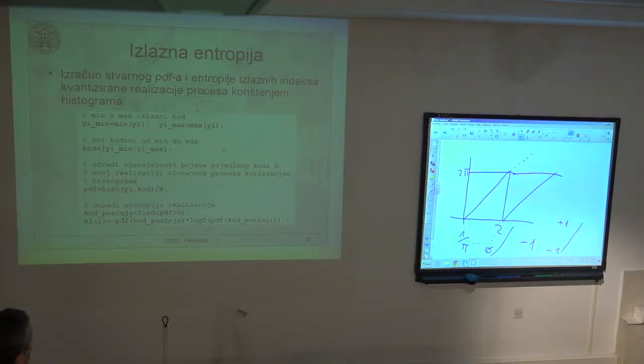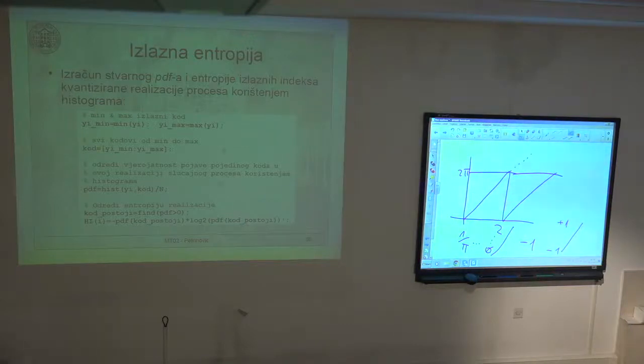But I also have to exclude those symbols that I have not observed at the output. For any reason, some of the symbols in the range from min to max might not occur at the output. If I would take the logarithm base 2 of 0, because I have a zero count for this value, I would get minus infinity, and I would not be able to compute this sum.